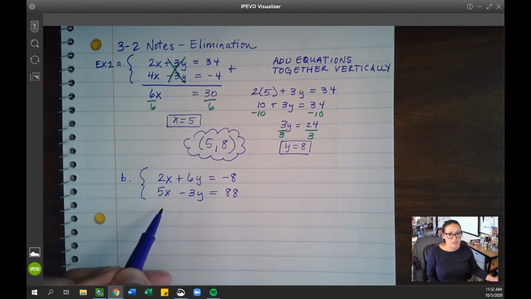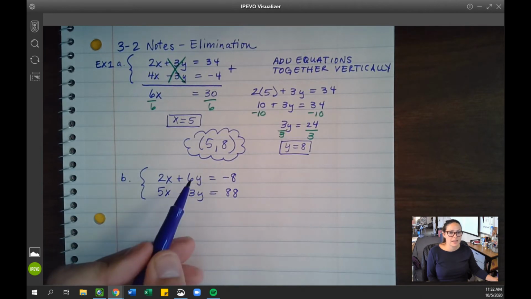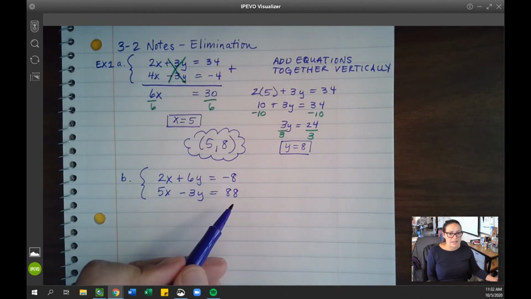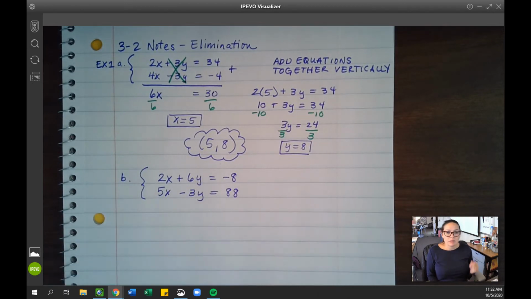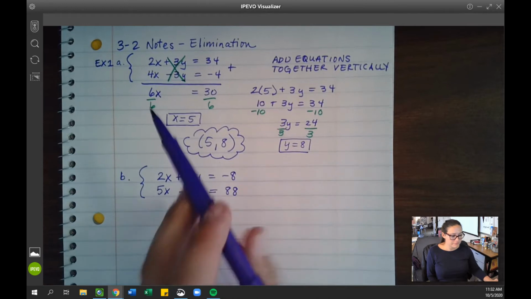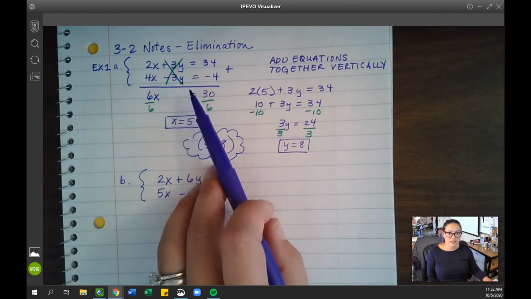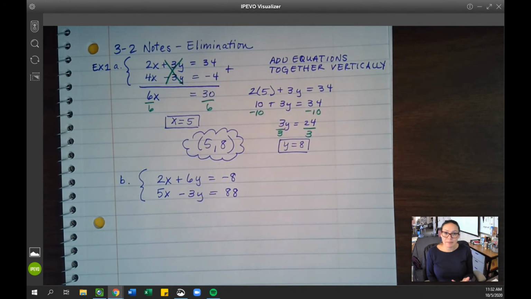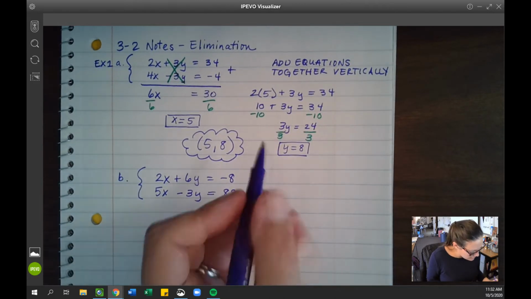I would do 2x plus 5x, that would give me 7x. 6 and negative 3 would give me 3, and negative 8 and 88 would give me 80. The problem is nothing eliminates. Like up here, I had 3y and negative 3y, and we had the y's eliminate. That doesn't happen here. So we have to add a step in.